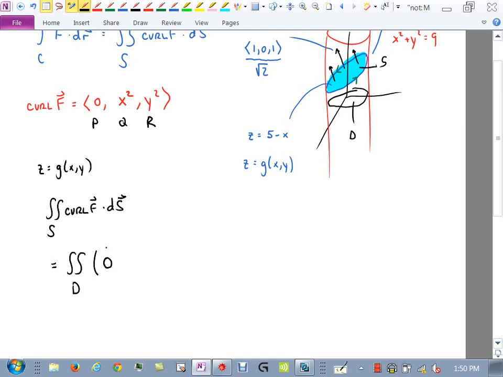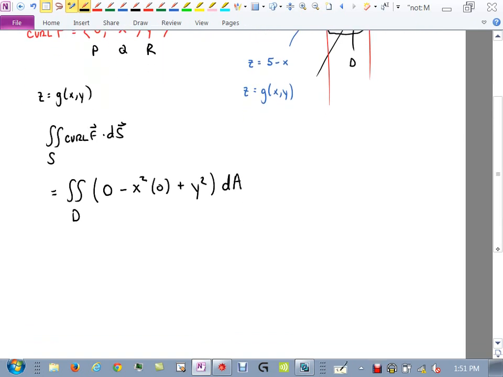The next thing, negative Q, which would be negative x squared, times the partial of g with respect to y, which is 0. And then plus R, which is y squared, dA.